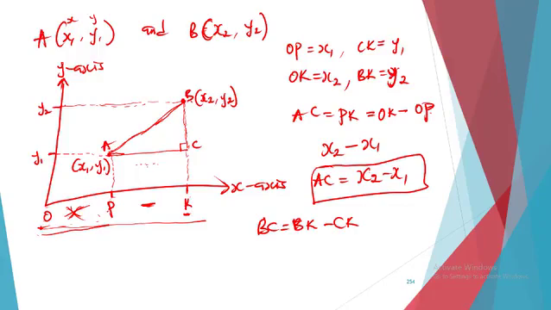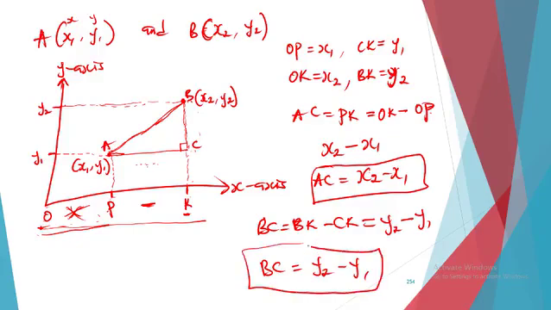From here to here is the total line, but to get the value of this particular spot, we subtract CK from BK to get the value of BC. And line BK is equal to y2, minus our CK which is y1. So line BC is equal to y2 minus y1. Is that correct? Okay, we've gotten these two.